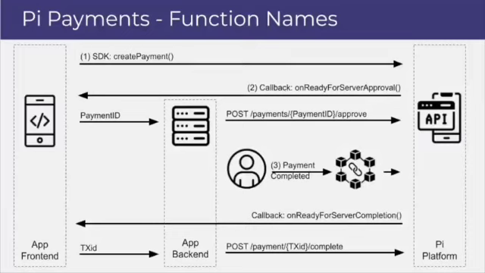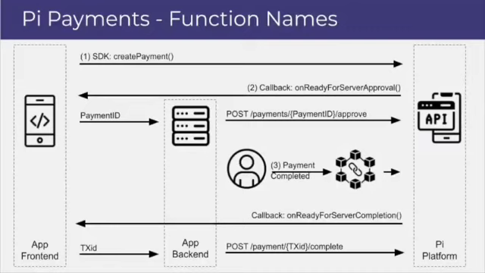And the app front-end calls a method that's called createPayment. And createPayment takes a few JavaScript callbacks, so small methods that are used to handle events happening on the payment. And those 2 events are onReadyForServerApproval. And this is when we get the payment ID that we need to send back to our backend for the server-side approval step.